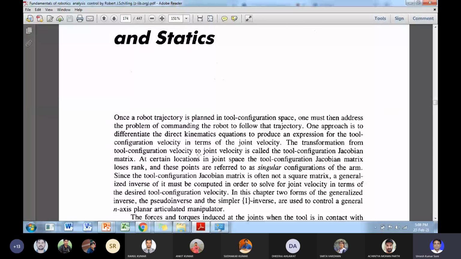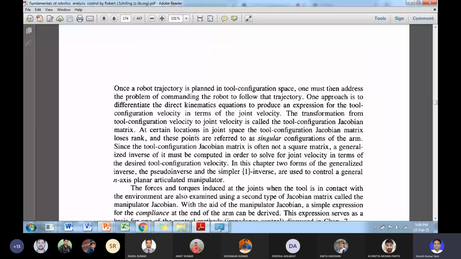We transform the tool configuration velocity with respect to the joints, and that is called the tool configuration Jacobian. Jacobian is actually the matrix which contains the derivatives of the individual terms in the tool configuration vector with respect to the joint variables.